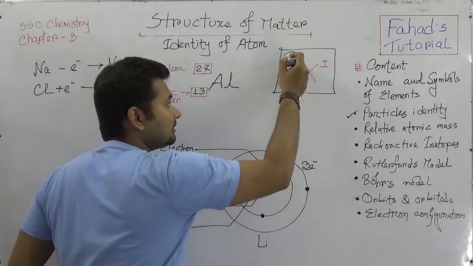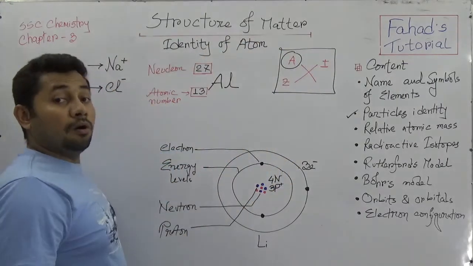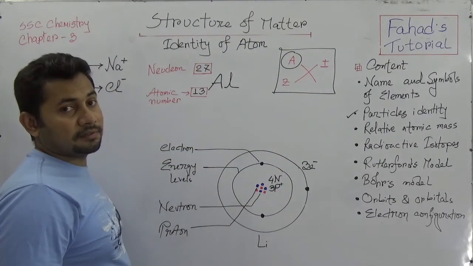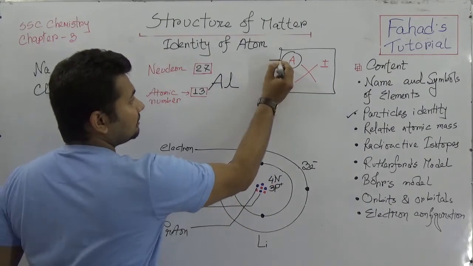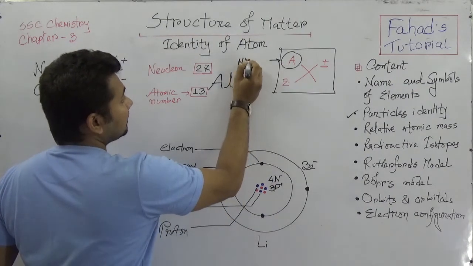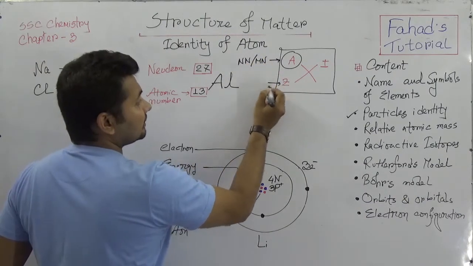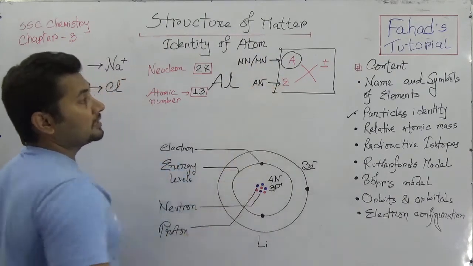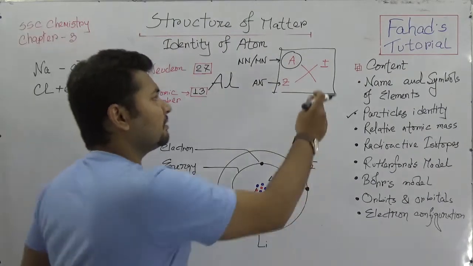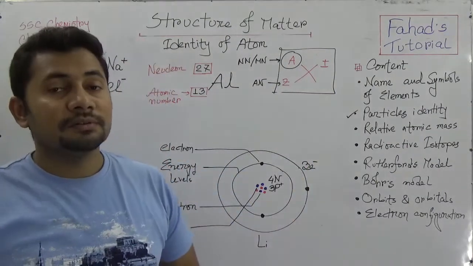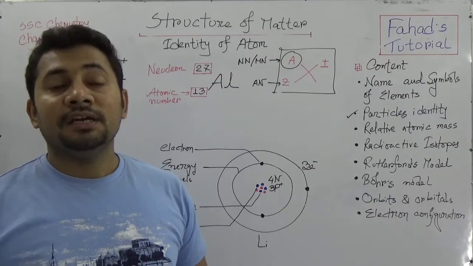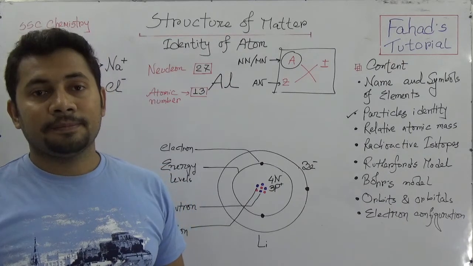A is the nucleon number, or mass number, and Z is the atomic number. The plus and minus number shows how many electrons it receives or releases.